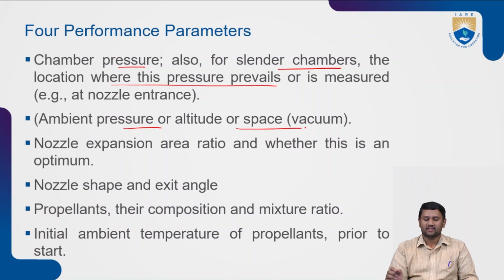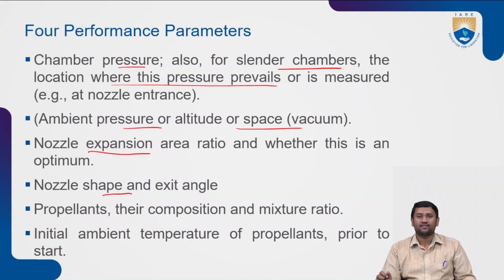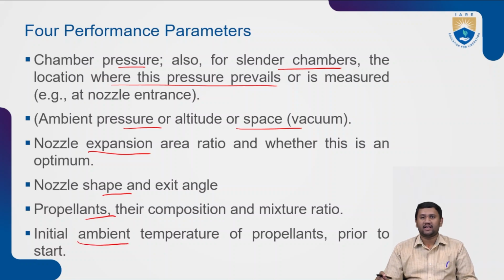Ambient pressure as well as space vacuum. Next, nozzle expansion area ratio, whether this is an optimum. Next, the nozzle shape as well as the exit angle through which the gases are being ejected. The propellants and their composition with the mixture ratios and an initial ambient temperature of the propellants prior to ignition or start.